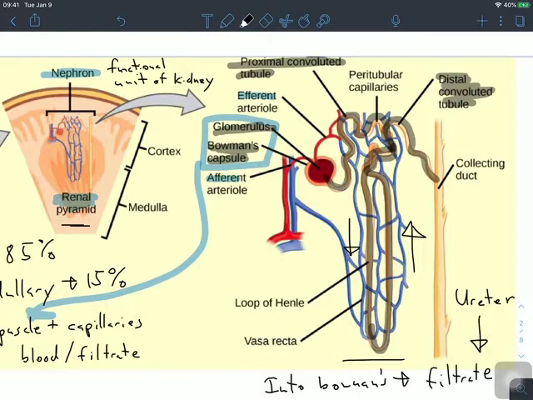The glomerulus itself needs a very, very, very high blood pressure to allow for passive diffusion to push all of the electrolytes and all of the water into the Bowman's capsule and the convoluted tubes. This high blood pressure is one of the reasons why you need to make sure that you monitor how much glucose is in your blood. Because when you go to squeeze that blood, if there's too much glucose in it, it can cut through the glomerulus.